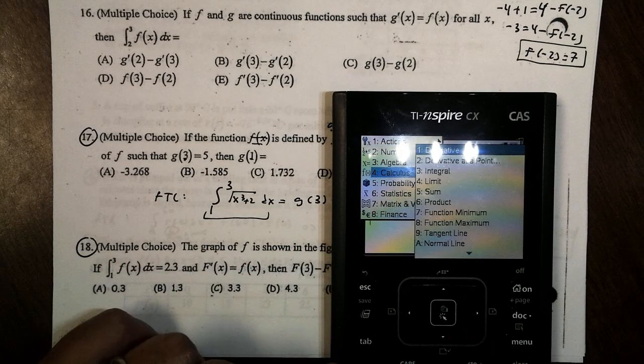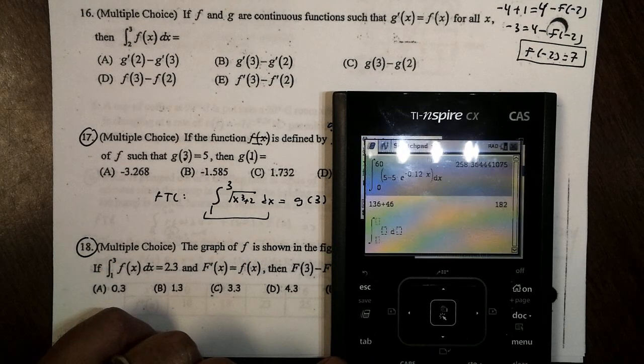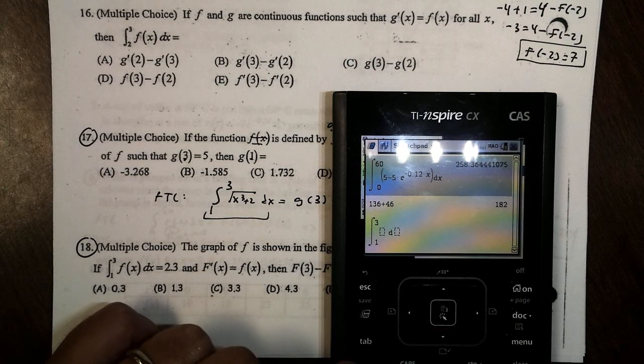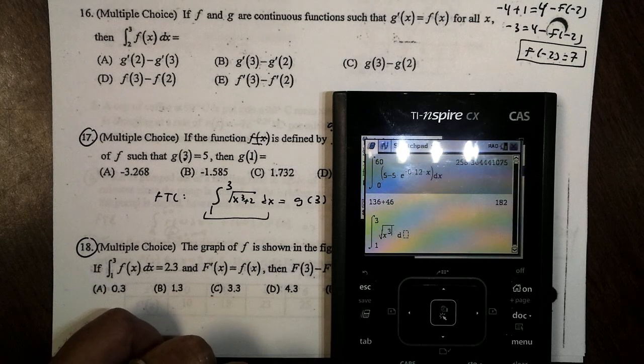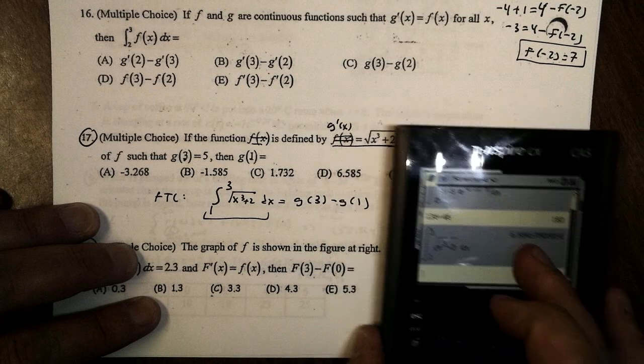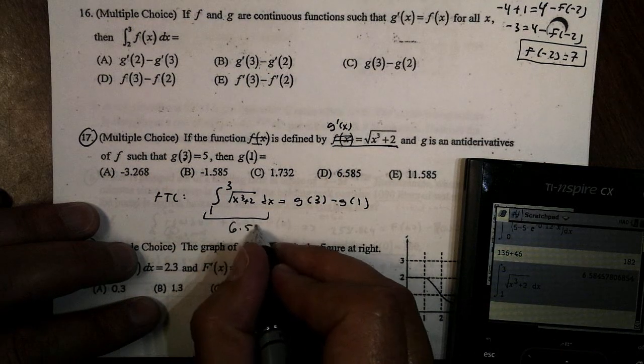Menu for an integral from 1 to 3, and we're just going to type it in, the square root of x to the third plus 2 dx. Press enter, and it gives me 6.585.